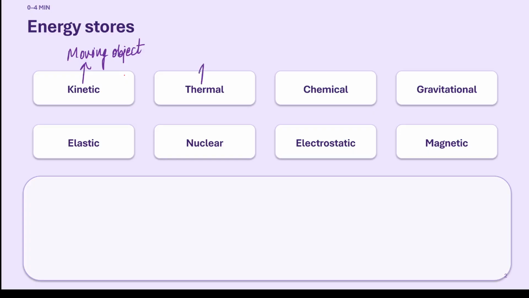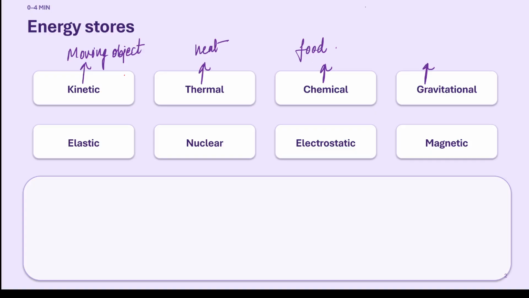Anything that is hot has thermal energy. This is because of the heat. Chemical is because of the chemical reactions happening. The food has chemical energy. Chemical energy does not mean it has to be in a chemical, so even food would have chemical energy. Gravitational energy is because of the height.